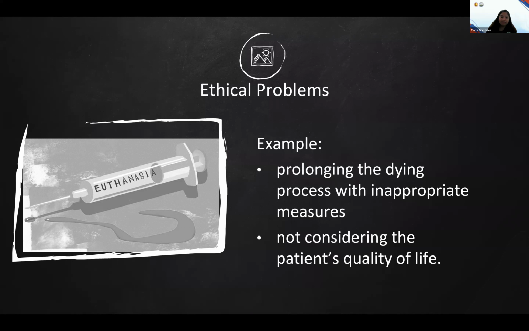People may have strong opinions, but again, there's no single correct answer that research can prove. Also, if it has something to do with considering the patient's quality of life, that would be very difficult to prove or disprove. So let's try to avoid ethical problems, even though they may be very intriguing for you, and you might be interested in doing that.